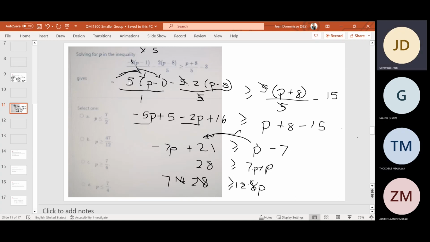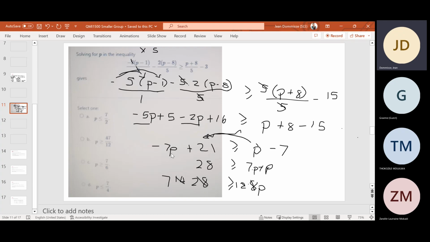That was right. That was right. Minus 5p plus, so that's right. Multiply by 5, so it is minus 2p plus 16. 5, so that's 5 plus 8 minus 15, so that was right.